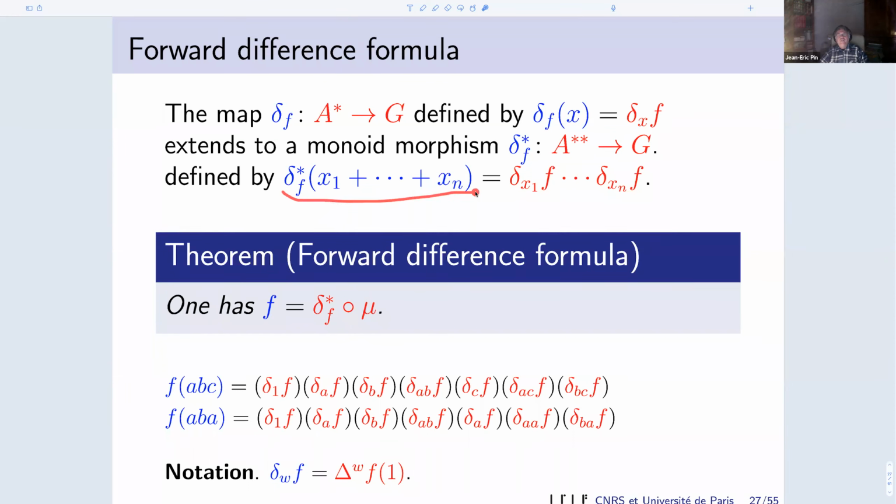Again, it is convenient with this notation: delta f of x1 to xn is just the product of these elements, delta x1 of f, etc. And now the forward difference formula I was looking for is simply this: f equals delta star f composed with mu. So for instance, you have this.